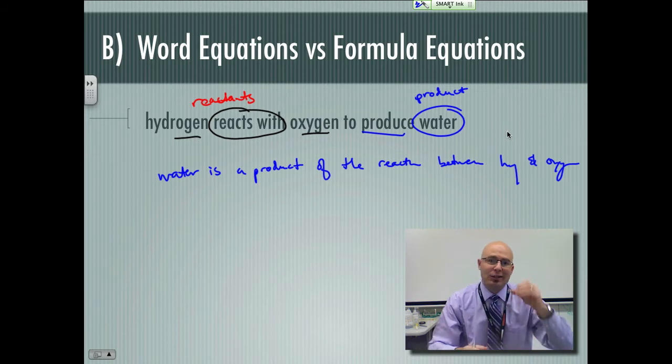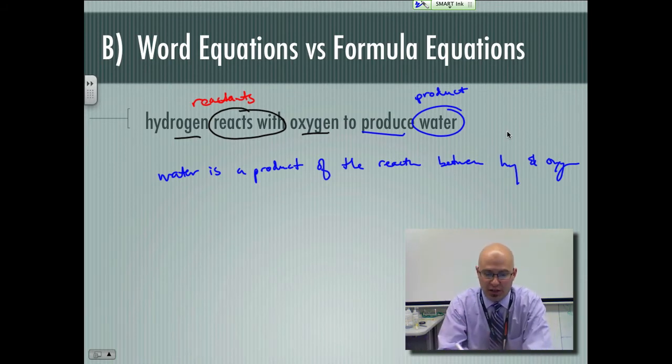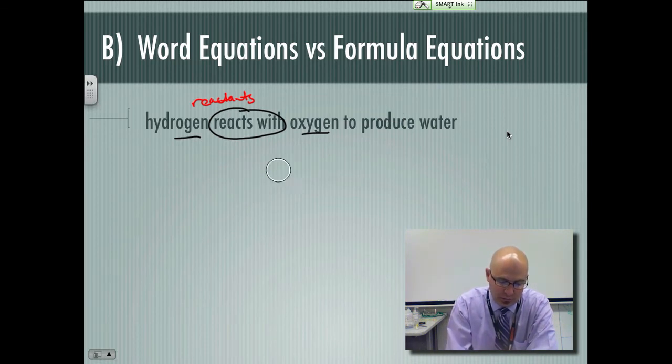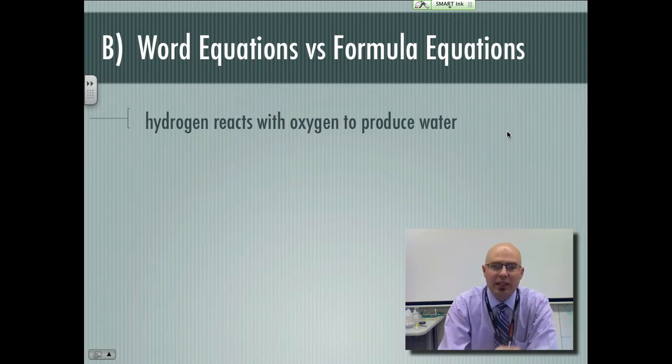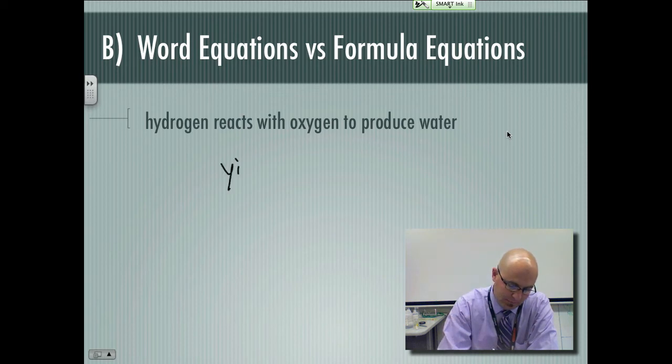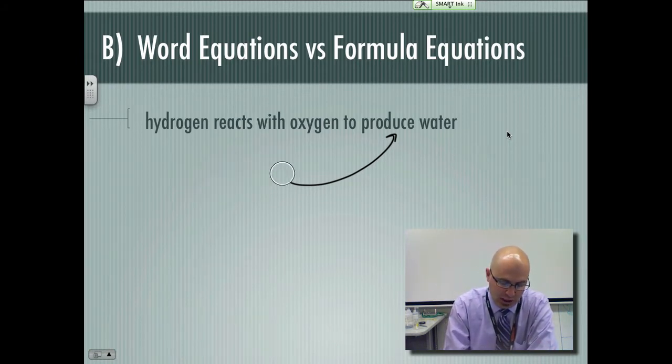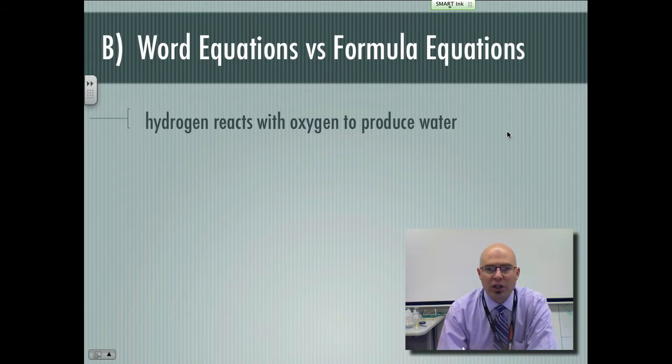Hopefully you should recognize which ones are the reactants and which are the products. You'll see terms like yields. Yield is a great way of saying to produce. In chemistry we use the term yield a lot. So those are your word equations.